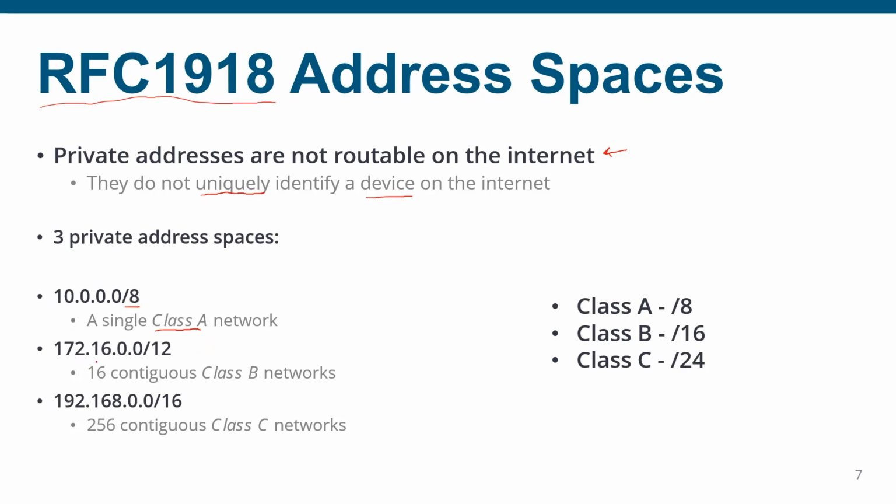The 172.16 space gives us 16 contiguous Class B networks, so 16 /16 networks. And the way this would work is we've got 172.16.0.0/16.